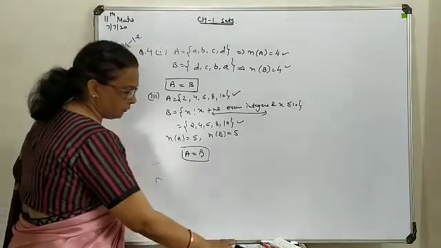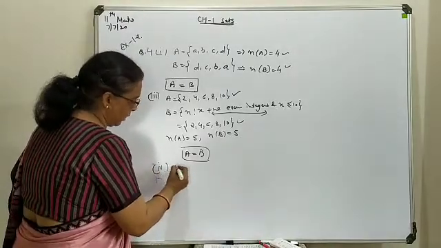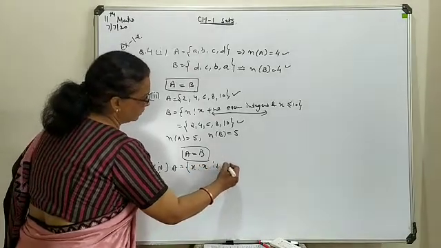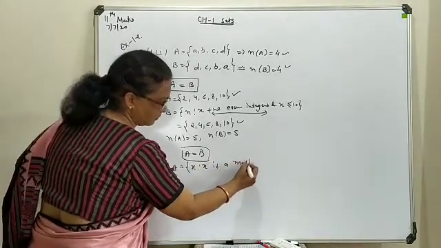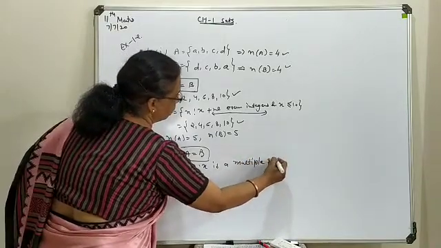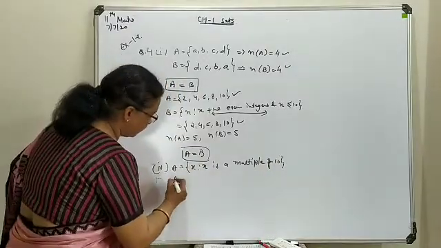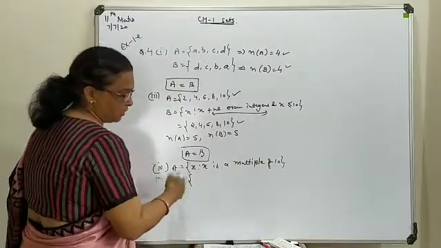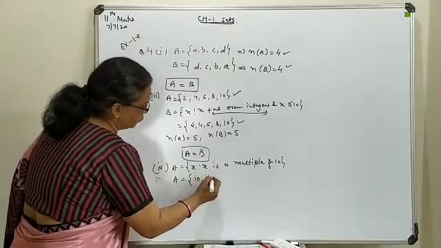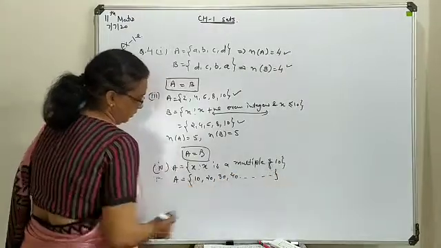Now the last one, that is the fourth one, in which your A is available as x, where x is a multiple of 10. So here we define A as multiples of 10, no restrictions, so we will go for positive values only. So 10, 20, 30, like that we are having up to infinite solutions.